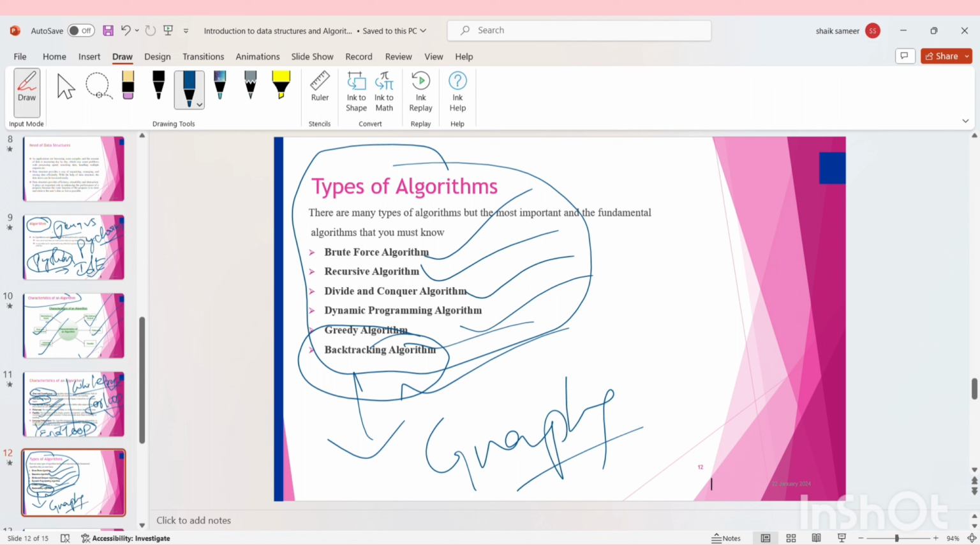Divide and conquer is seen in sorting, mainly merge sort and quick sort. Recursive algorithms you will see in recursion classes.